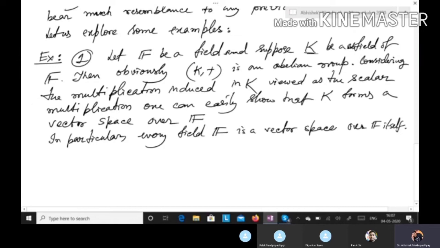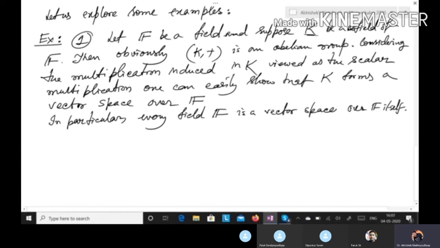Okay. So this is the basic example of vector spaces.